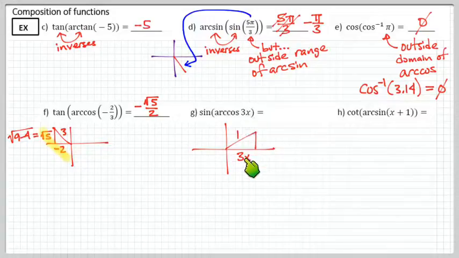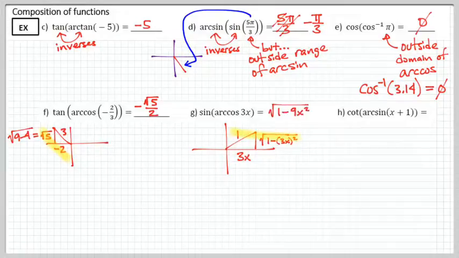The easiest way is by setting the hypotenuse to 1 and just letting this be 3x. I can make this 2, then this is 6x. Or I can make this 5, and this is 15x. But of course, this is the easiest way. Pythagorean theorem. And then I have my sine, which is just going to be the ratio of these two pieces. I get my answer.